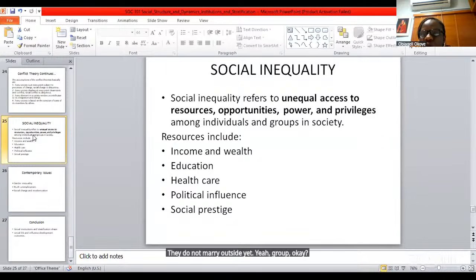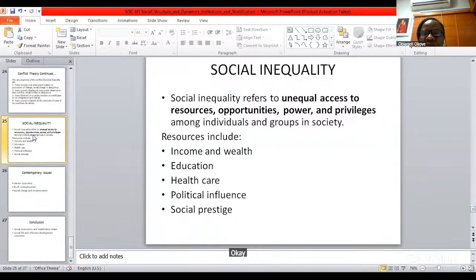So these are forms of social stratification: gender stratification, class stratification, and caste stratification. They all gave rise to social inequality. And what is social inequality? This is unequal access to resources, opportunities, power, and privileges among individuals and groups in a society.